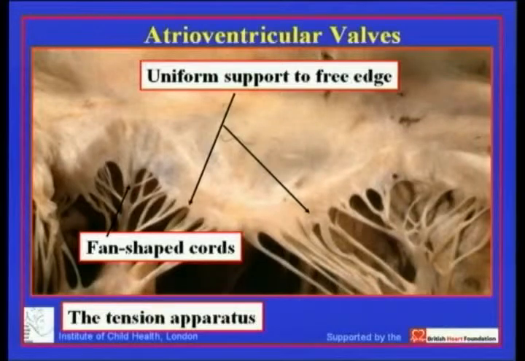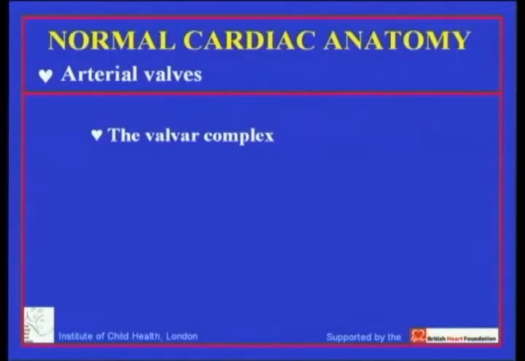Note that at the ends of the zone of apposition there are fan-shaped cords, but there are also fan-shaped cords supporting the slits between the components of the mural leaflet. So we simply describe free edge chords, we also describe basal chords, but the essential point is that the free edge chords in the normal heart supply the entirety of the free edge of the leaflet.